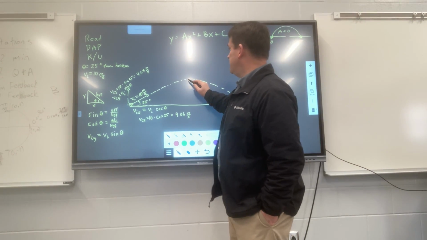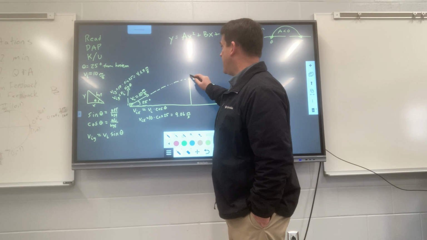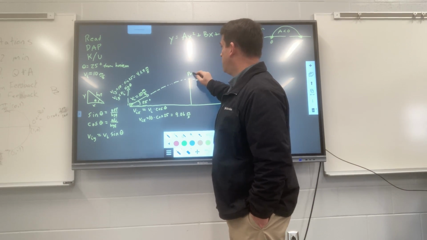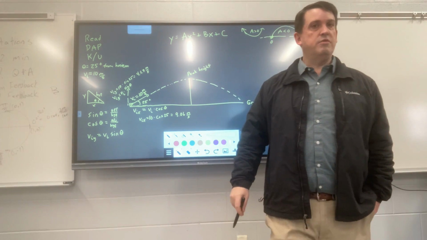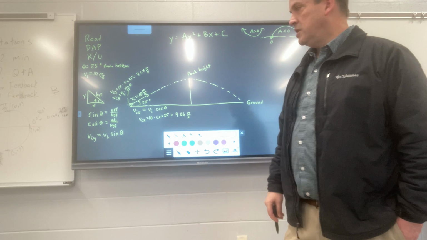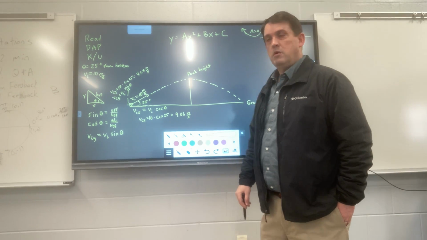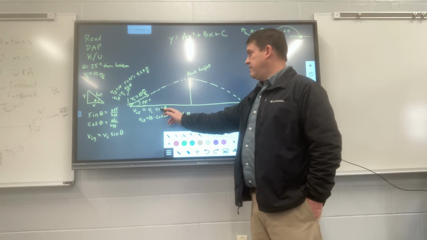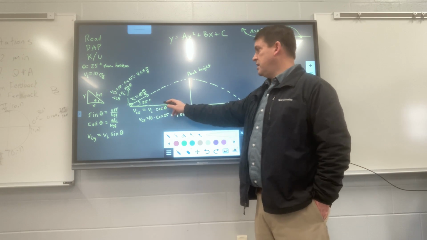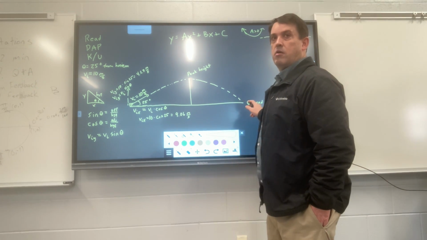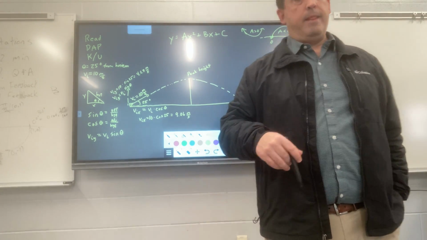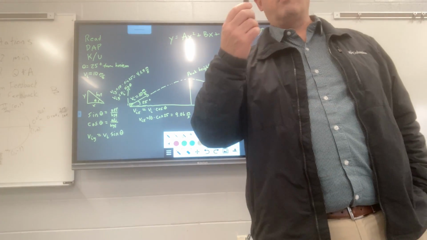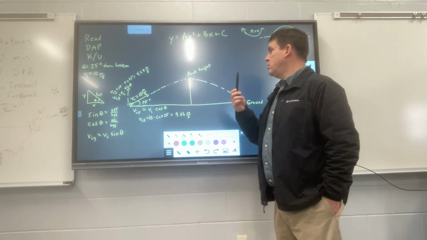And what's interesting is we still have kind of a peak height here, right? And you notice where I drew that? It's in the middle, right? Which means that I'm going to have initial velocity x going in this direction here, and I have initial velocity going in the y direction up.